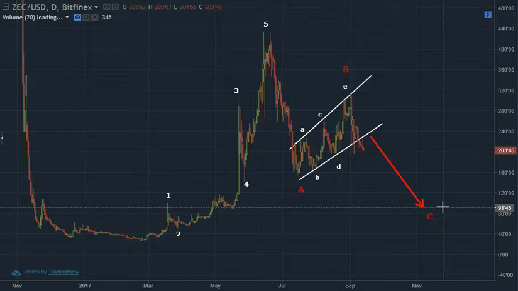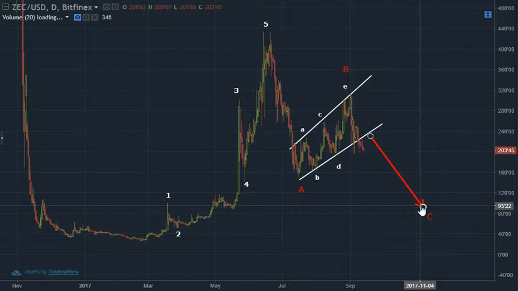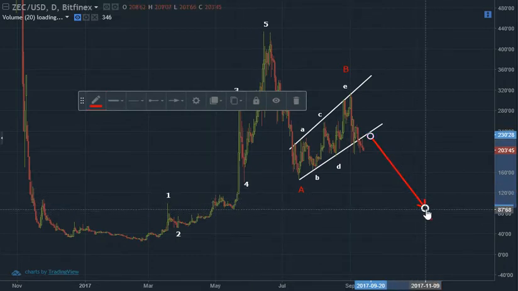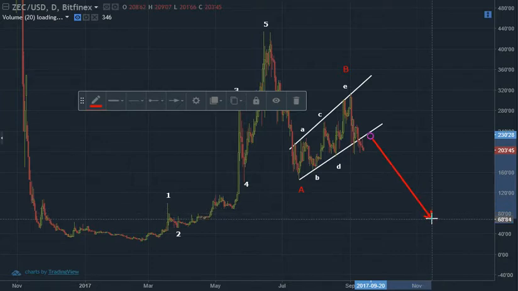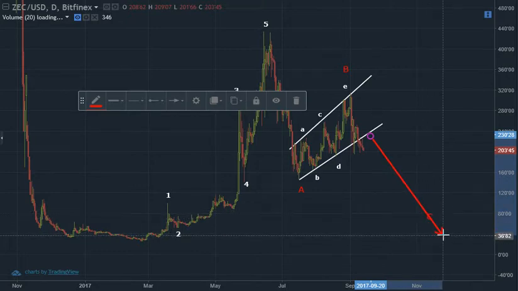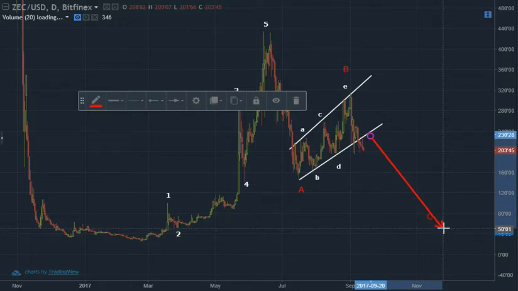It all depends on the level of panic selling and the downdraft velocity. So it could be here at this support, around here. Or it could hit the next support in between 1 and 2. But I would be very surprised if it actually goes down really much lower toward wave 2.